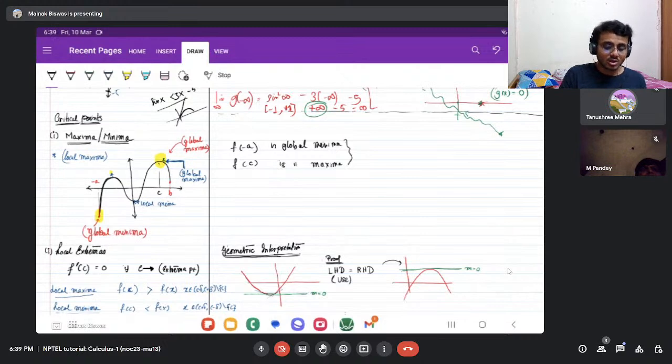Now there are also some local minimas and maximas of the function. For example, this is a local minima, this is a local maxima, this is a local minima, and this is also a local maxima. How do you define a local extrema?